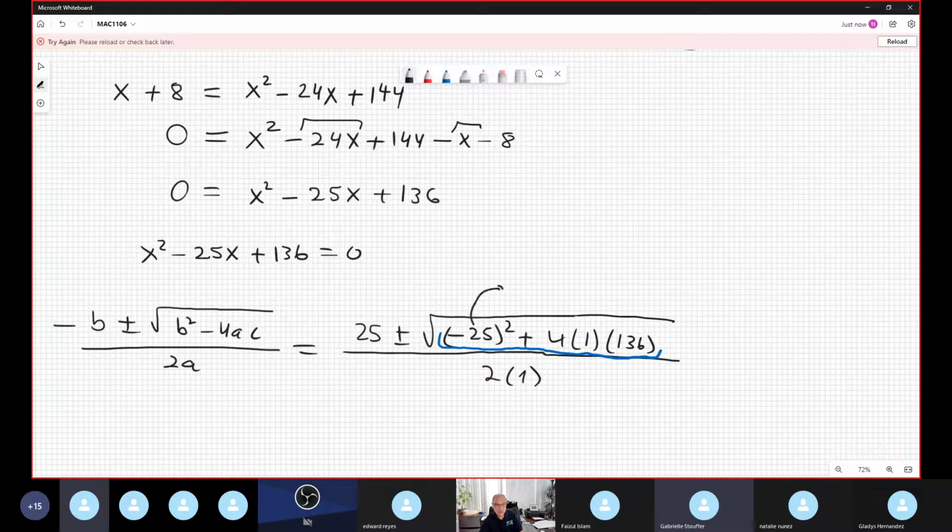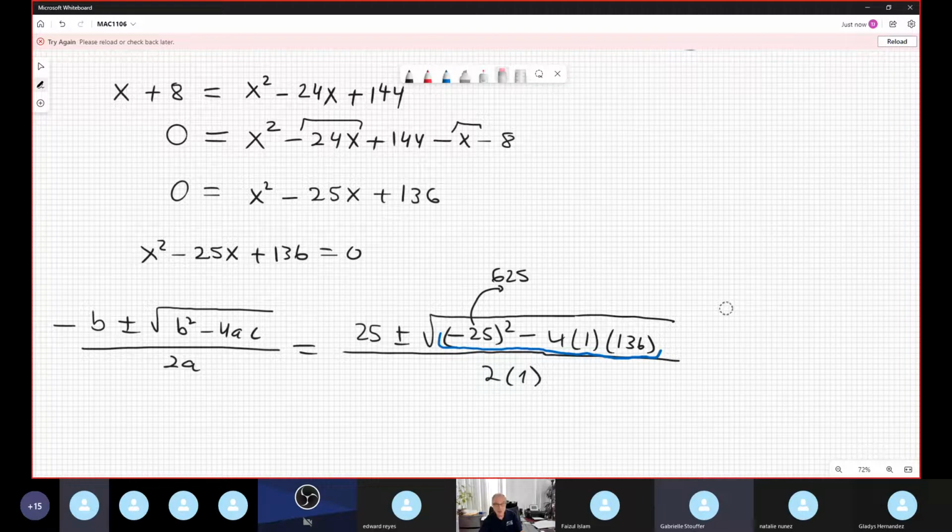25 squared is 625. I put it in my calculator. Plus 4 times 1 times 136, but it's minus. See, look, it's minus. This is minus, this is minus, my formula is minus.